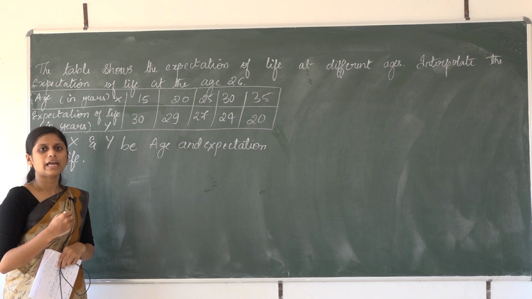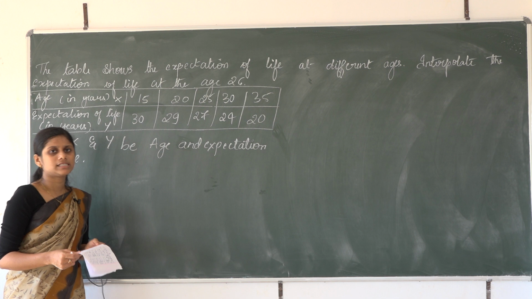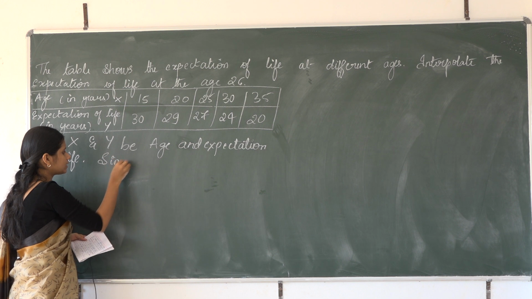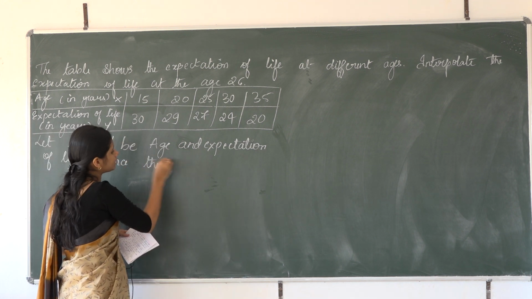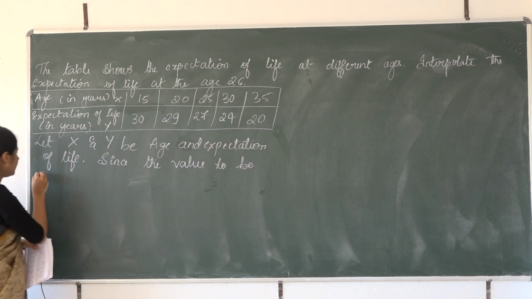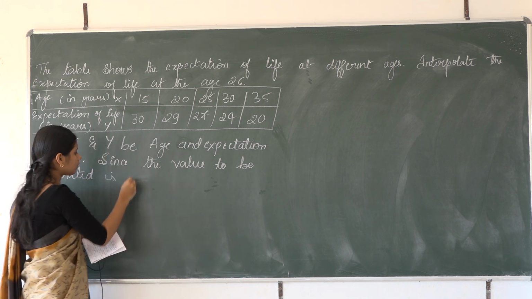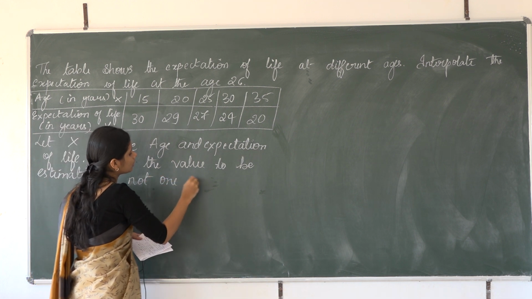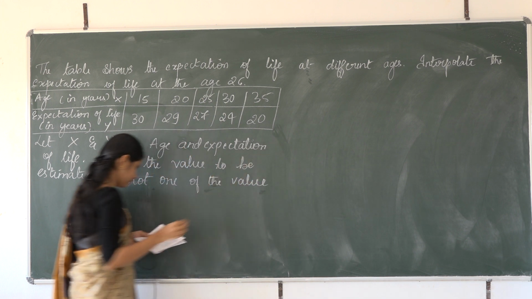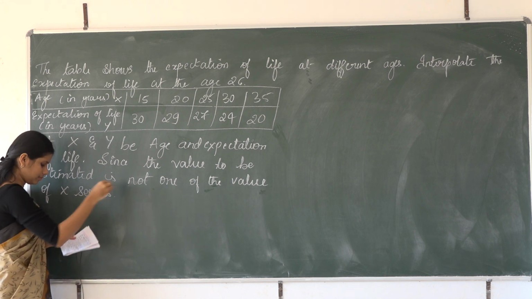We can interpolate the value of y when x is equal to 26 under Newton's advancing difference method, since the value to be estimated is not one of the values of the x series.